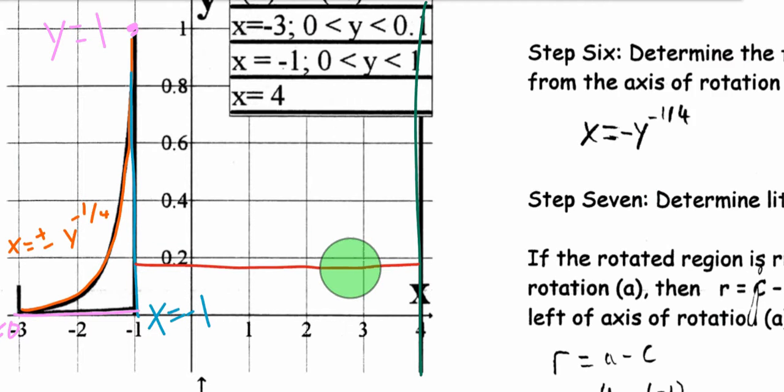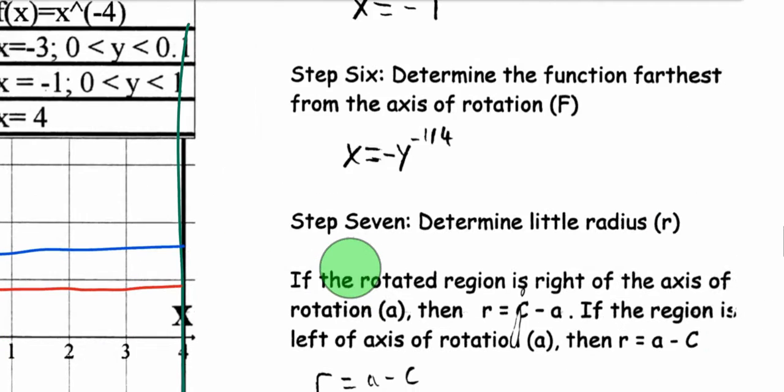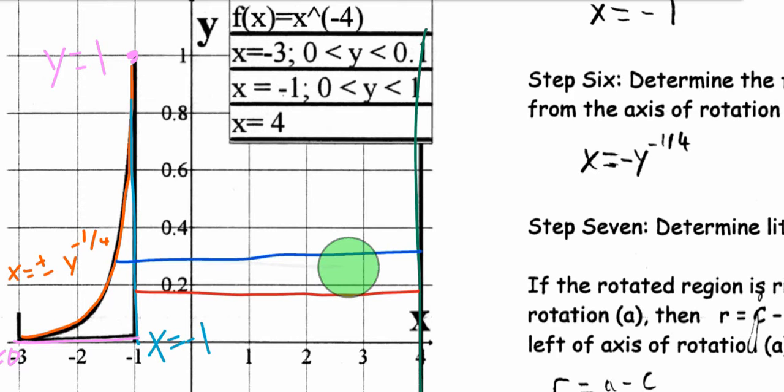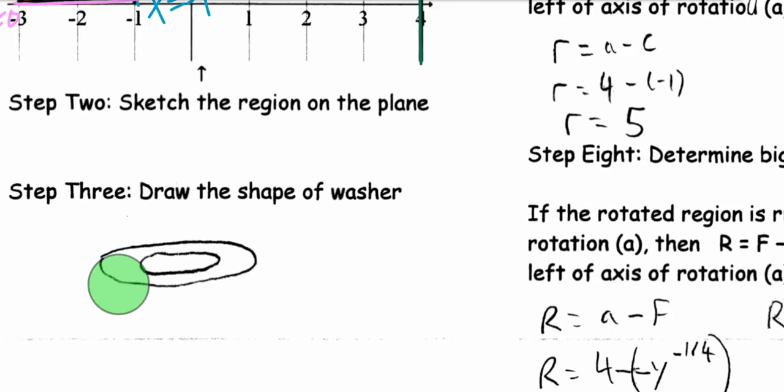We'll use blue. It's going to look like this. So these are our cross sections of our washers. All you'll be left with is the difference between the blue and the red line, this little gap right here, which will form your washer right here.